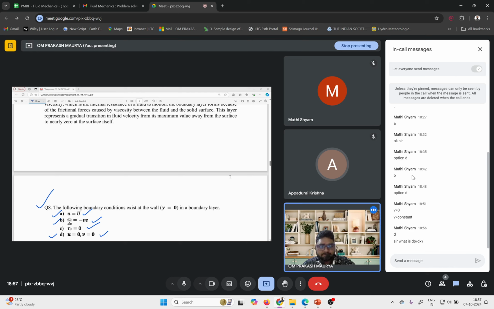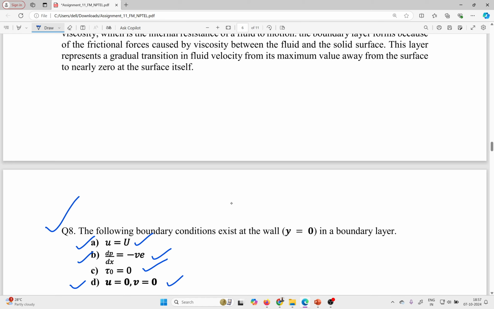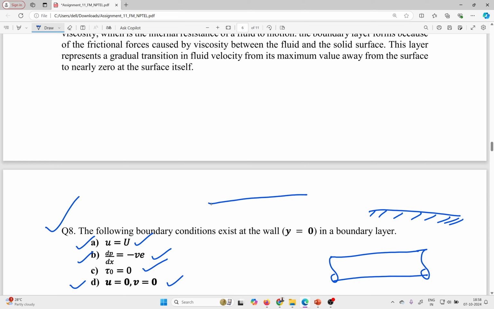Okay, let me discuss. So we are talking about here the boundary condition that exists at the wall. Y equal to 0 means what? Let us suppose I am taking the pipe, you can also take an open channel, you can also take a plate.